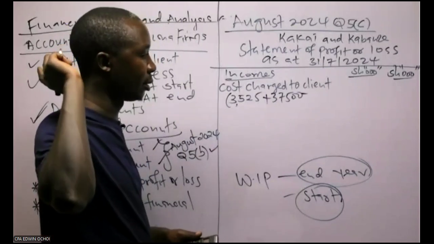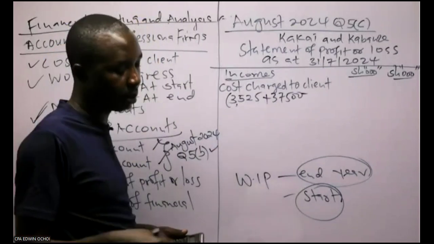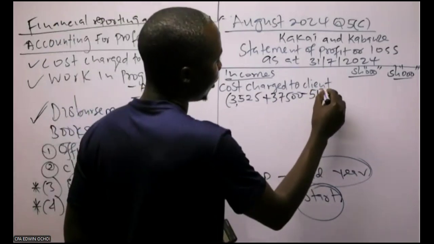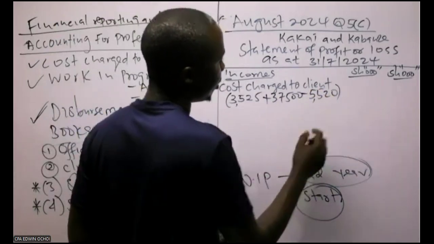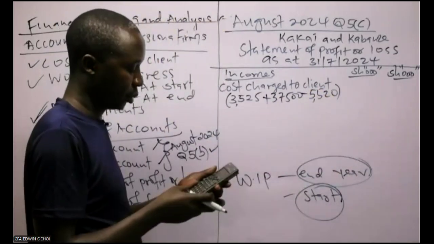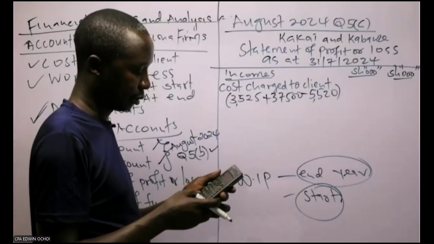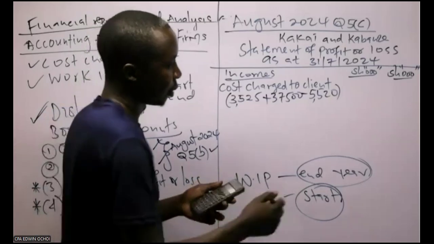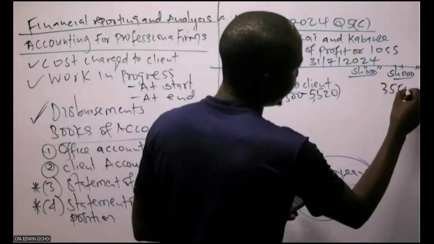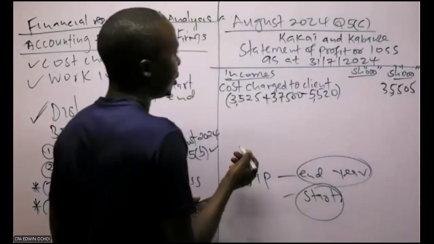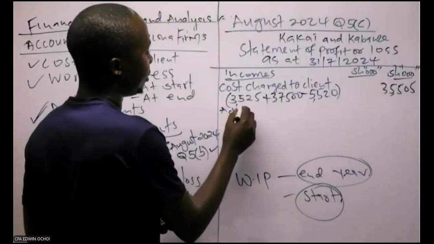Under the trial balance, I can see 5,520. So 3,525 plus 37,500 minus 5,520. So this is 35,505.